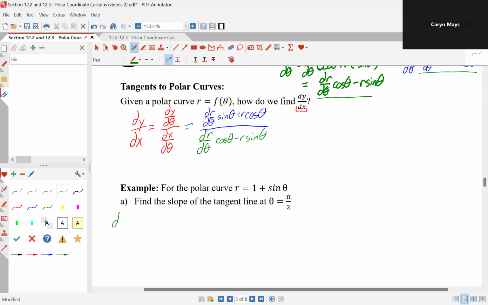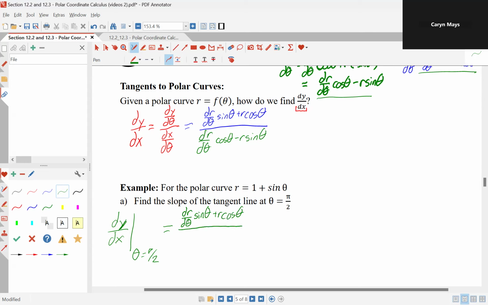So dy dx at theta equals pi over 2 is going to be filling in this formula from up here, dr d theta sine theta plus r cosine theta all over dr d theta cosine theta minus r sine theta at theta equals pi over 2.